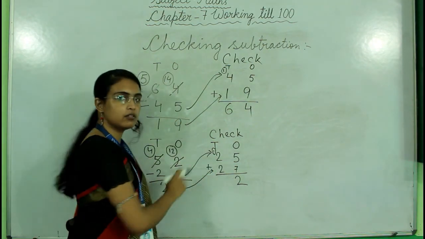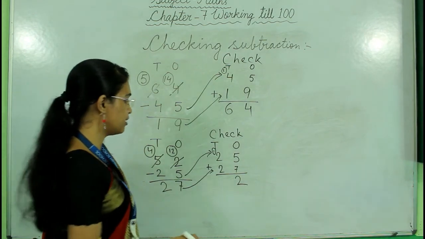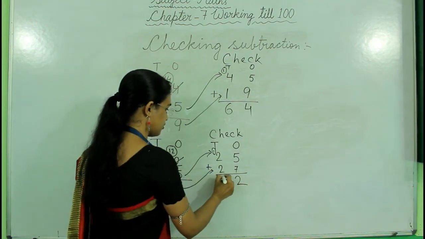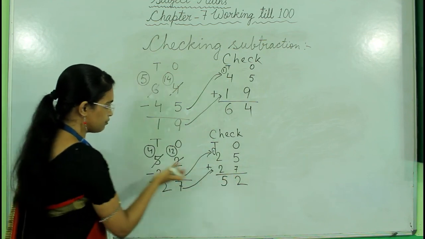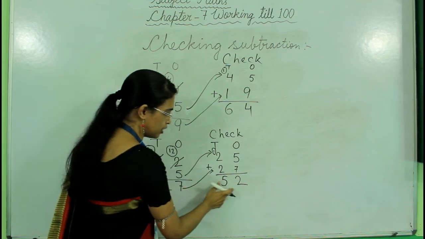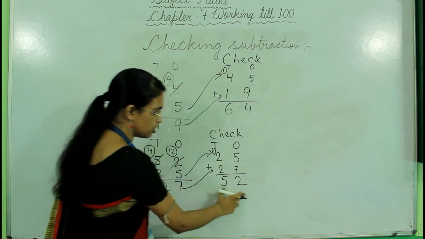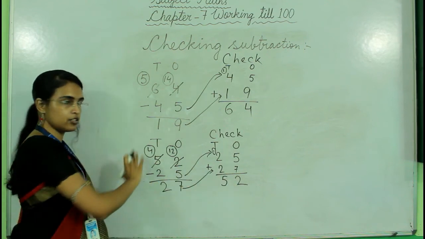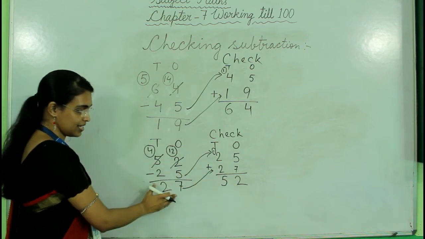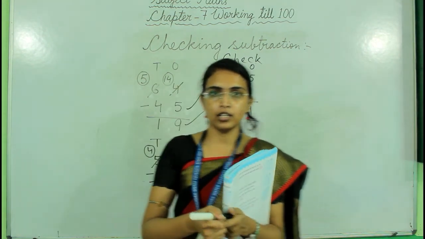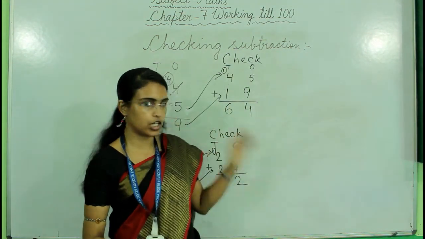Now 2 plus 1 is 3, 3 plus 2 is 5. 52. Now look at the first number. Here we have 52, and when we do the check process, we also got 52 as the answer, right? So that means this answer is right. Okay, so in this way it's a very easy sum, right? So in this way, you have to do this checking process.